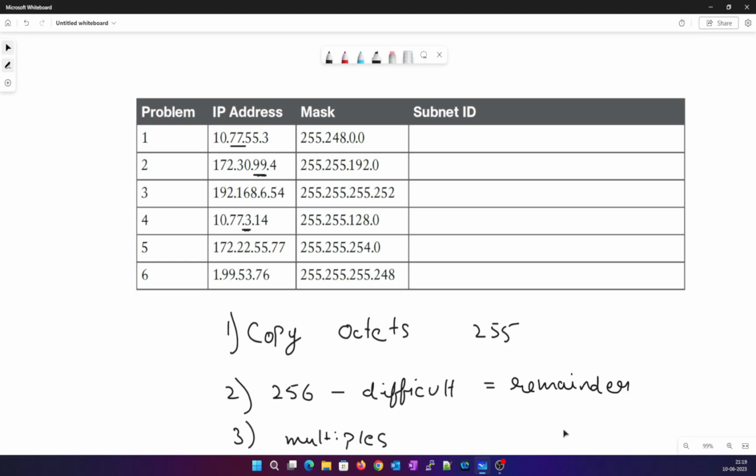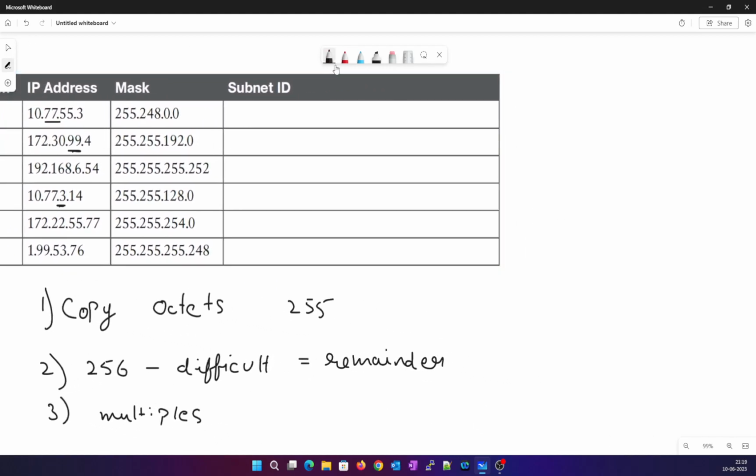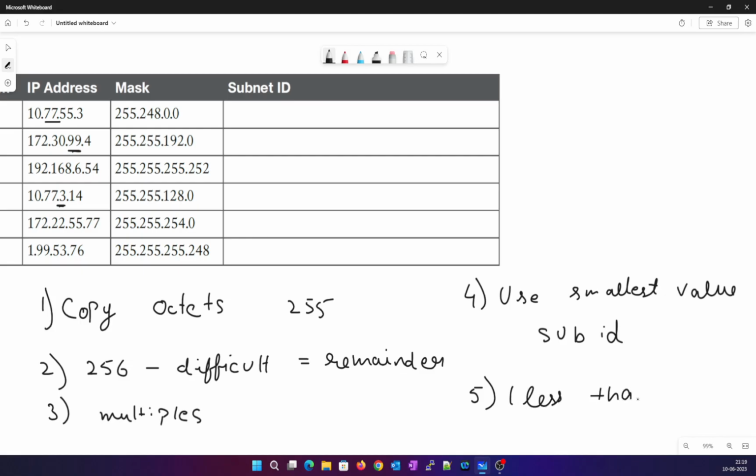Then the fourth step is to use the smallest value in that range as your subnet ID, and your broadcast would be one less than the largest value in that subnet range.